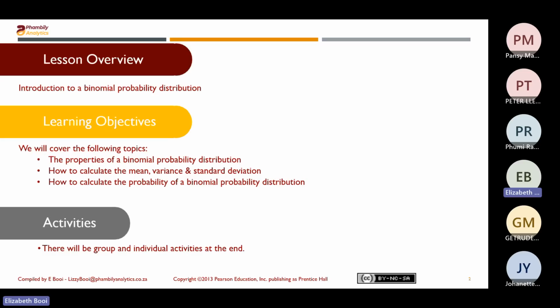You cannot get away from it, because some questions in your assignment or in your exam might be phrased as content-type questions, where they ask you basic things like the properties of a binomial distribution, or they might ask you to calculate the mean, or they might ask you to calculate the probability. So you will never know. You need to know everything about binomial distribution.